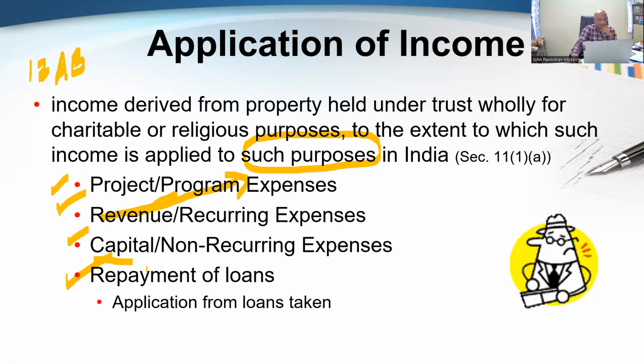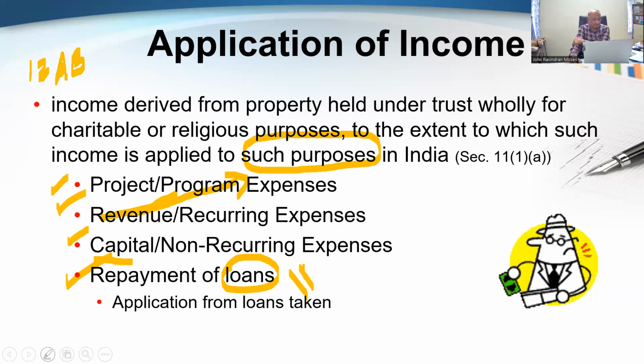Of course, you'll have to wait till I explain the main loan concept, because any assets you purchase out of loan, or any payment you made out of loans, will not be allowed as application. Only the repayment will be allowed as application. We will see that a little later. Okay, right? Even the repayment of loan is also allowed as application.